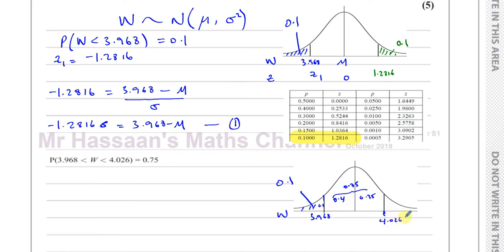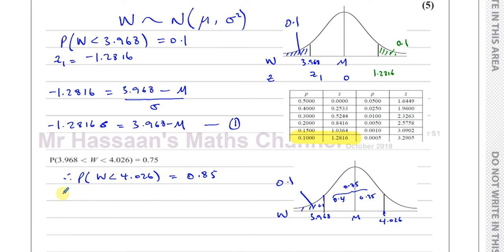So we know for sure that this is somewhere above the mean. It's going to have a positive Z value, because we can deduce that 0.85 of the area is to the left of it. This shows that the probability that W is less than 4.026 is equal to 0.85, because you have 0.1 and then 0.75.